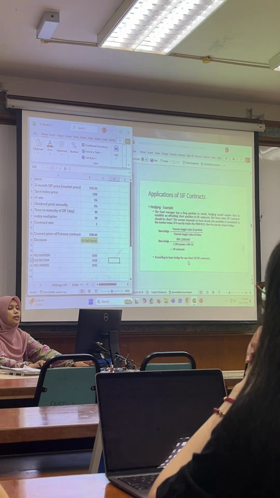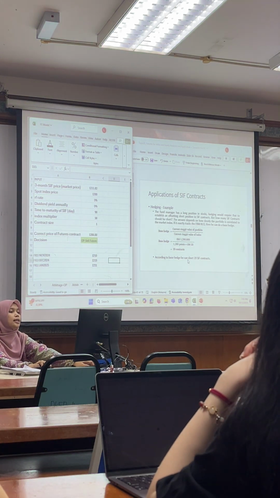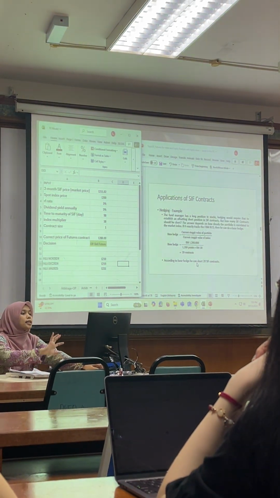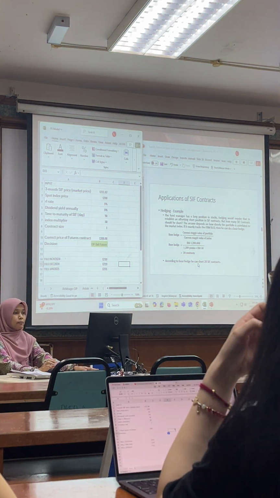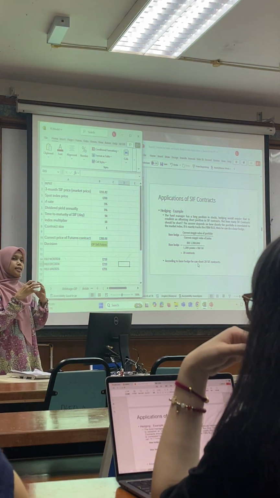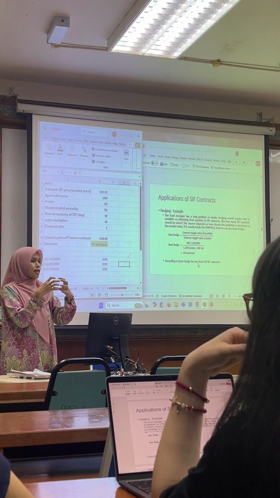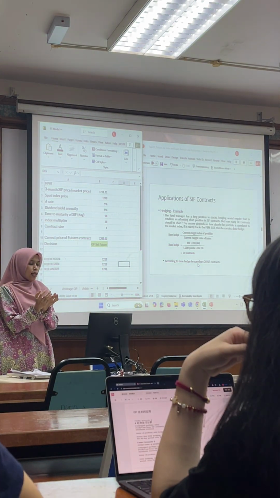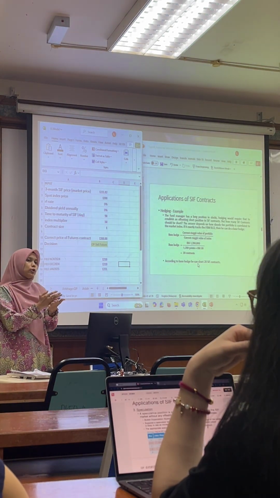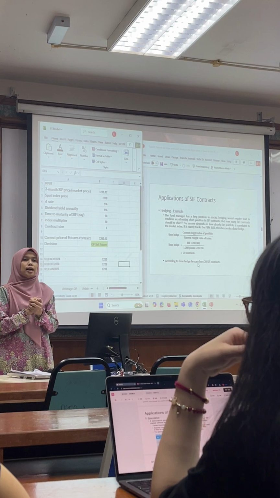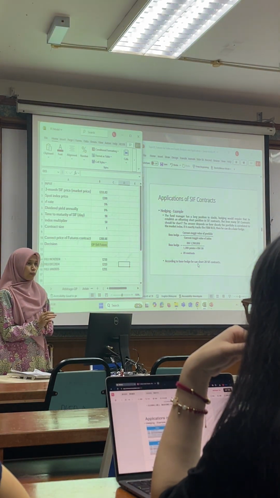Now, first you need to find the total number of contracts that you need to hedge. Remember, when we want to hedge, we are going to see how much is the total size that we need to hedge that will match with our portfolio.